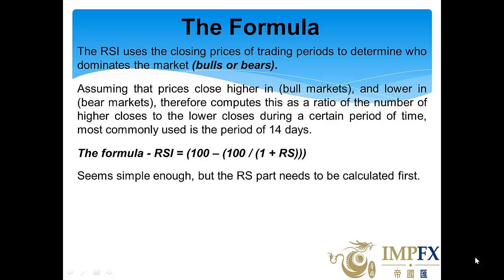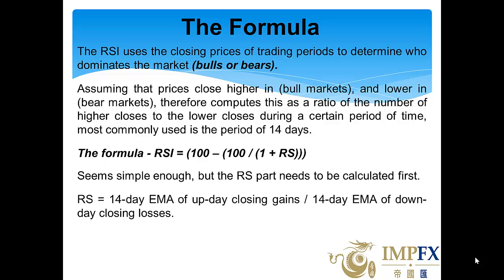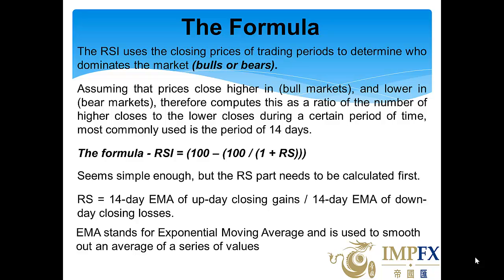Seems simple enough, but the RS part needs to be calculated first. The RS equals the 14-day EMA of up-day closing gains over the 14-day EMA of down-day closing losses. Now, the EMA stands for exponential moving average and is used to smooth out an average of a series of values.